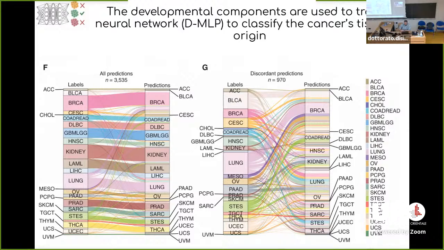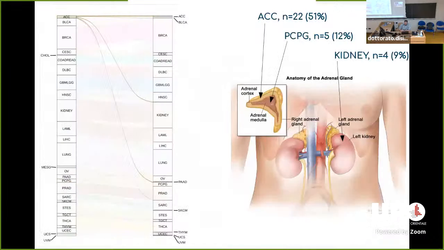One more thing to mention about the classification is that sometimes the classification is off, but it's not off too much. So an example here is what happens to the samples of the adrenocortical tumors. The adrenocortical tumors are, for 51%, correctly categorized as ACC, or tumors that derive from the adrenal cortex of the adrenal gland.